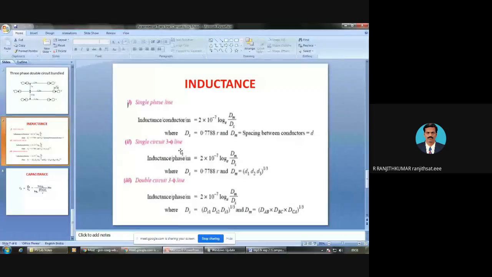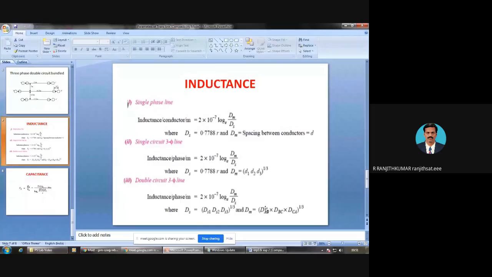single circuit line. So we are going to use these two formulas. Here, 2 into 10 power of minus 7 ln of Dm by Ds. If it is a single circuit solid conductor, your Ds is r dash and Dm is the cube root of DAB, DBC, DCA, which is given here.